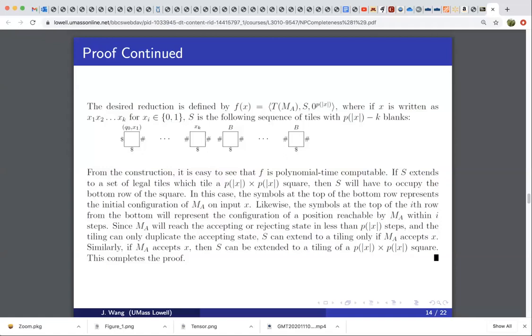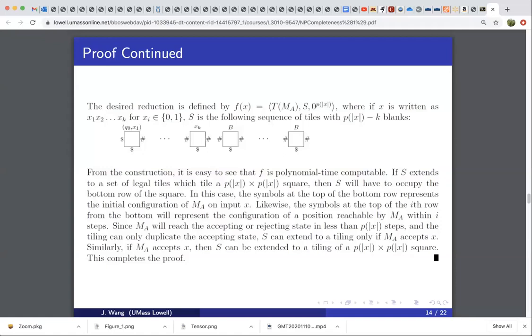And as I said, we're going to use P of length of X. And here we make sure the original time bound is strictly less than P. So I didn't put P prime here just for the sake of writing.